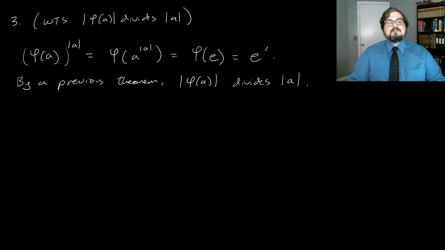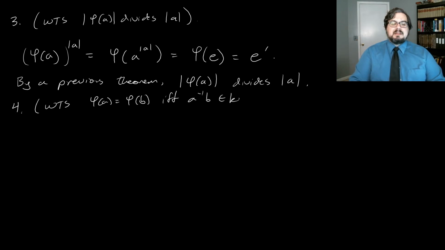All right. So now, finally, we have part 4, and so that means that we want to show that phi of A equals phi of B if and only if A inverse B is in the kernel of phi. So let's go ahead and do that.